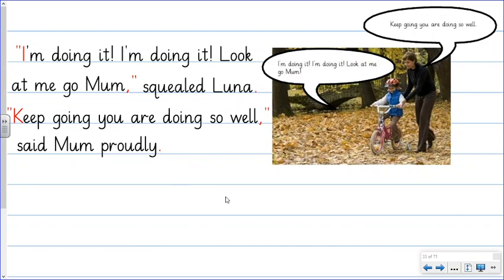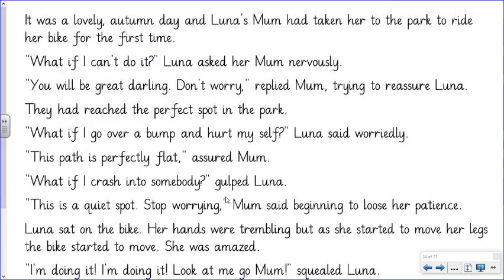Okay, so now you are going to write your own dialogue between the girl and her mum. So here's my example. It was a lovely autumn day, and Luna's mum had taken her to the park to ride her bike for the first time. "What if I can't do it?" Luna asked her mum nervously. "You will be great, darling, don't worry," replied Mum, trying to reassure Luna.